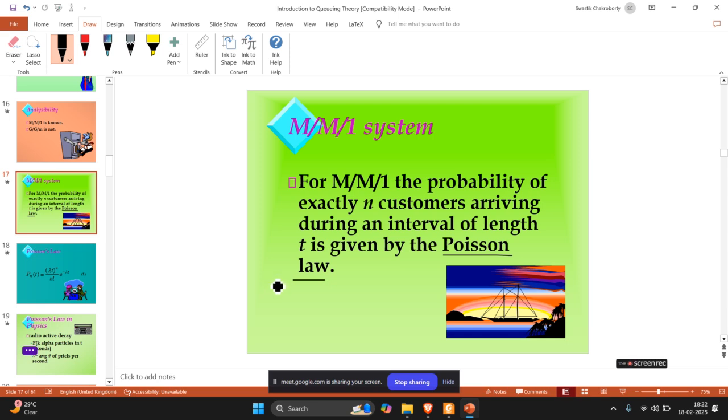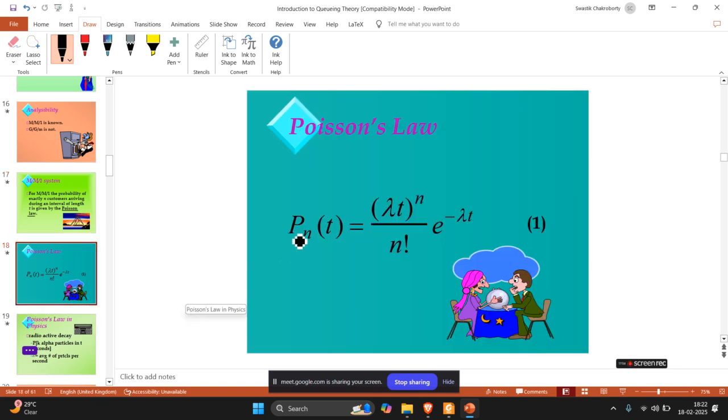So for any arbitrary time length, how many customers will arrive is given by the Poisson distribution. So the arrival is given by the Poisson distribution. This is called the arrival distribution.